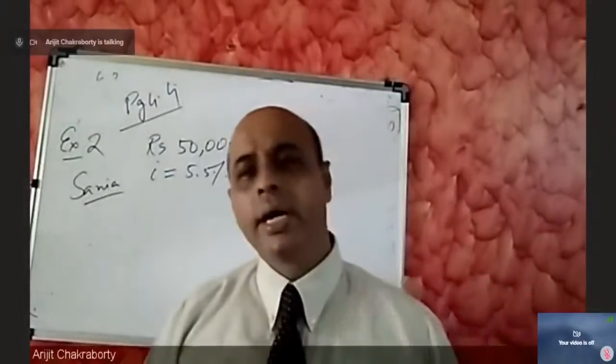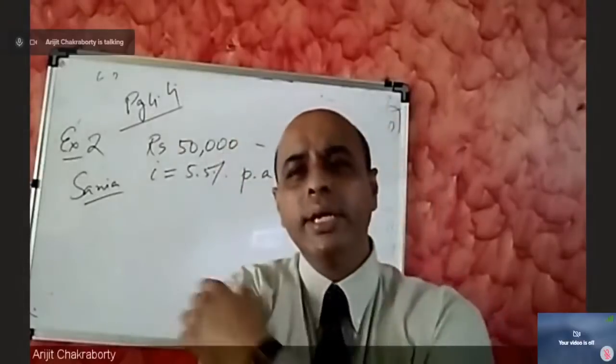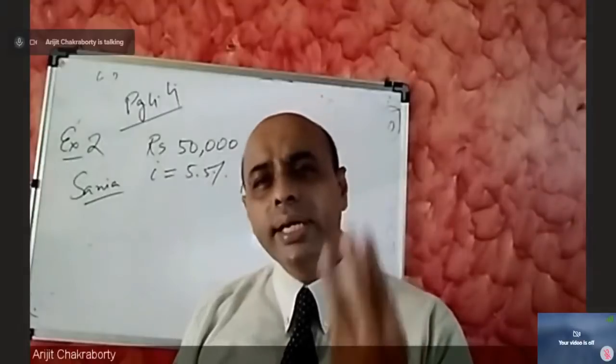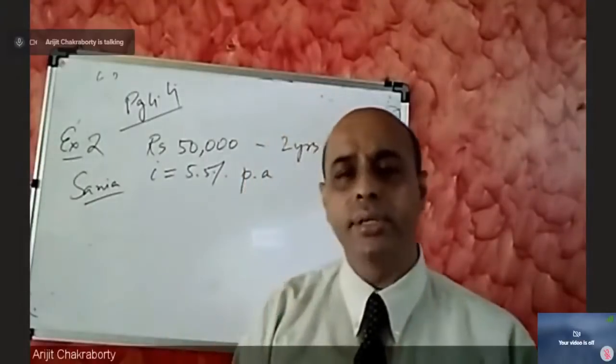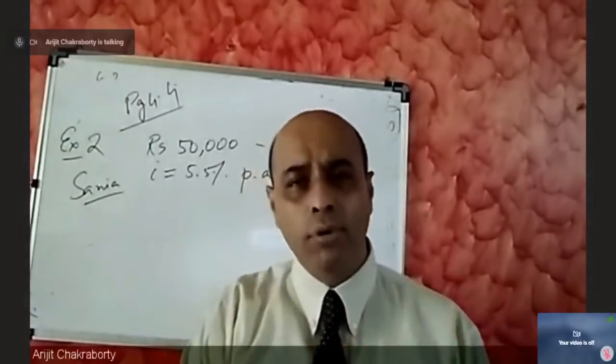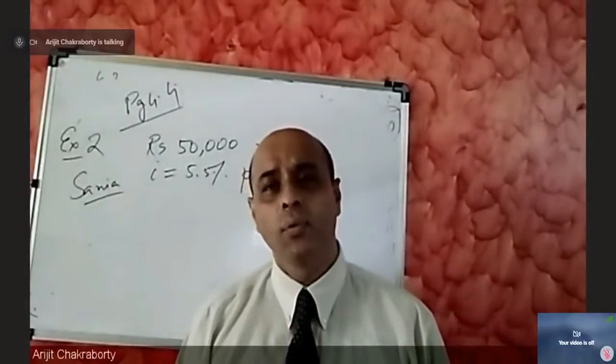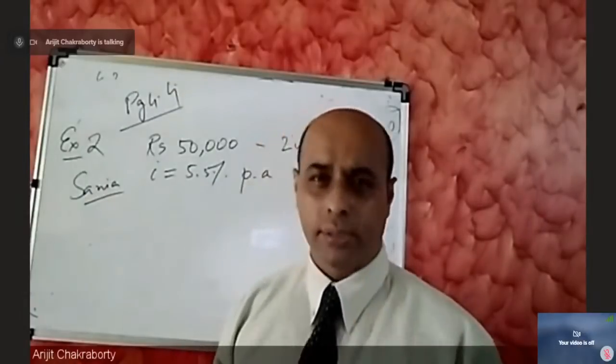Friends, let me tell you why we are doing so many numericals on time value of money. Just imagine, 3 sessions have been kindly given by the Board of Studies to cover this chapter. One chapter, 3 sessions. Why? Because of its importance.